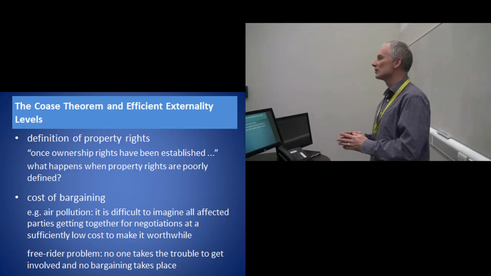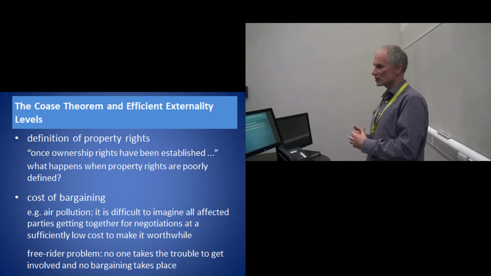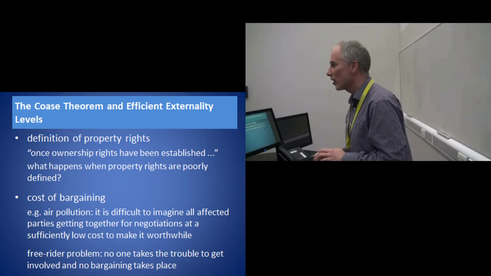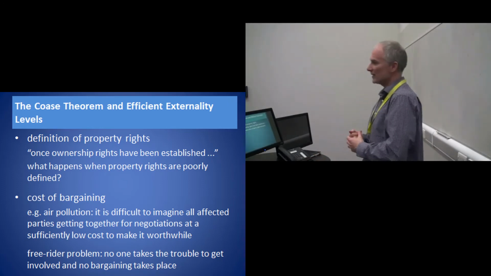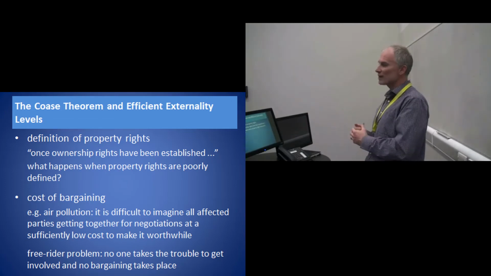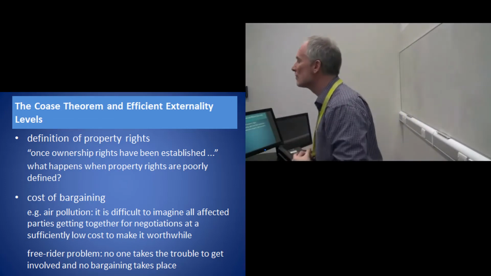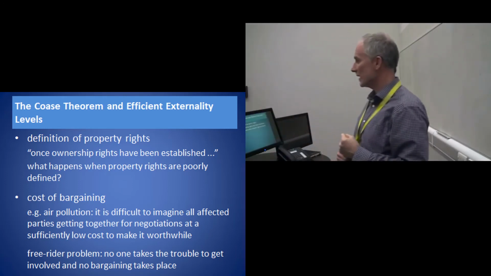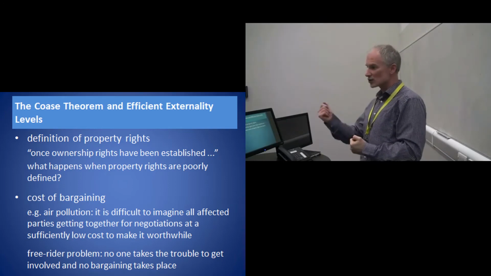Now, in our definition of the Coase theorem, the very, very first thing that we started off with, that very first part of that definition, says once property rights have been established. And in the diagram that I gave you, we had 2 scenarios. In one I said, well, let's assume that person B had the right to clean air. It defines a point where bargaining can start from.